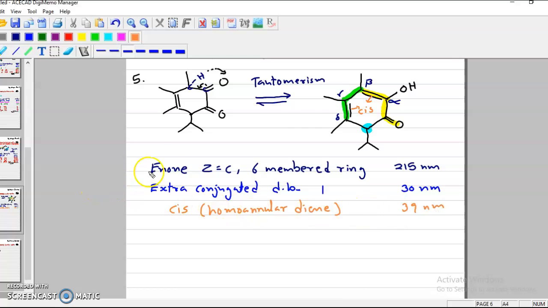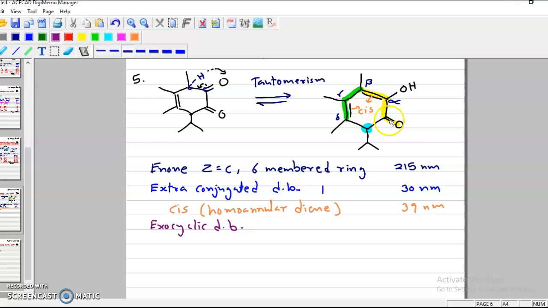Okay, so this double bond is in the cis condition, that's why we have kept 39 nanometer for this one. Next is exocyclic double bond. So is there any exocyclic double bond present or not? That we'll have to see.